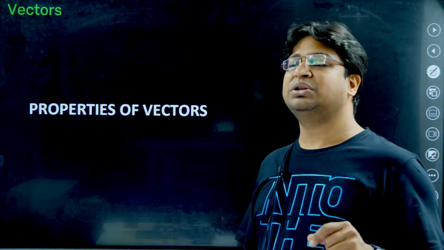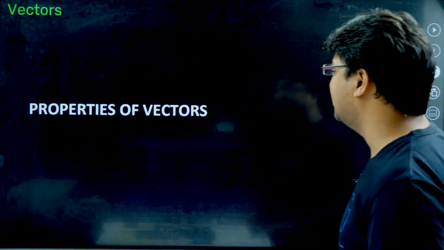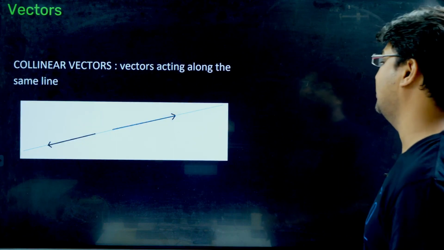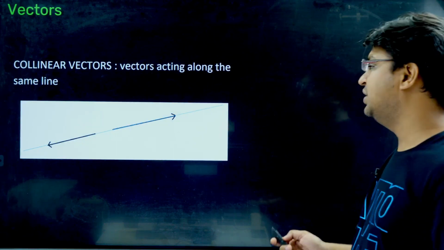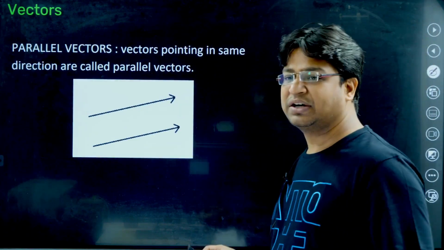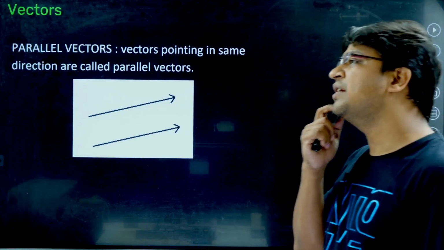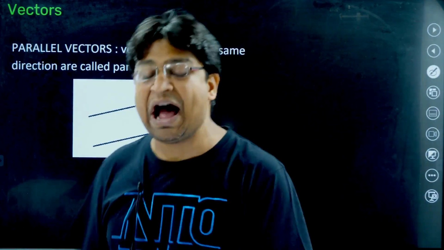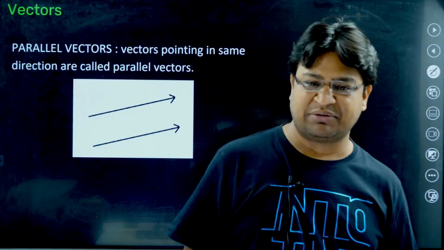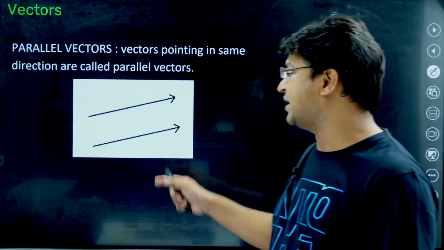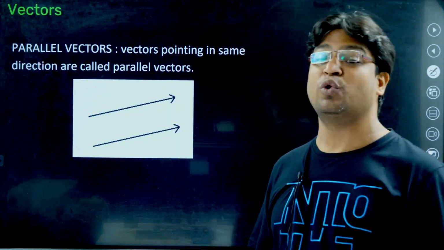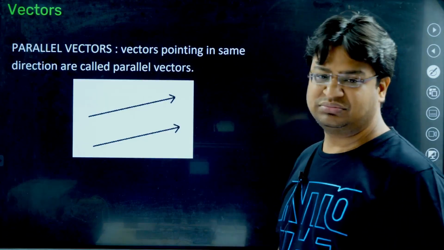Now coming to the properties of vectors. Before I do that, guys, I would like to ask you a question. We talked about collinear vectors, anti-parallel and parallel vectors. Can I say that if two vectors are parallel, then they have to be collinear? No, I don't think so.